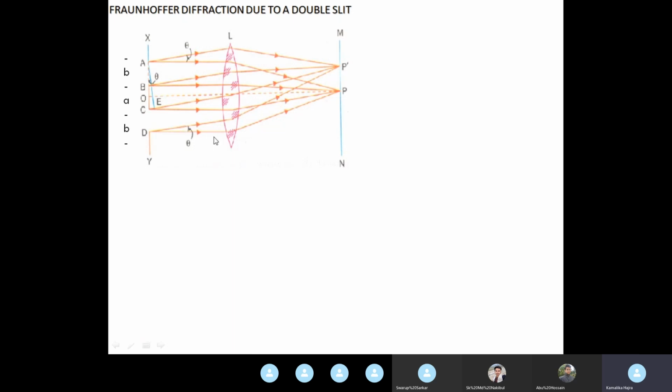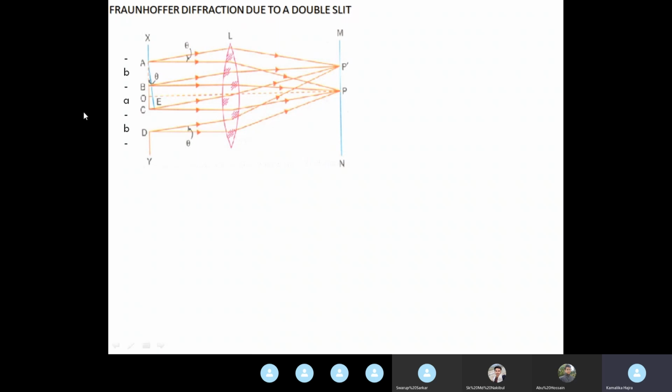So different sets of parallel rays diffracted at different angles with the horizontal will be converged to different points on the screen by this lens L, because we have kept the screen at the focal plane of the lens. And of course our incoming rays are parallel, because there too we have kept a lens in front of the diverging beam which has rendered parallel rays.